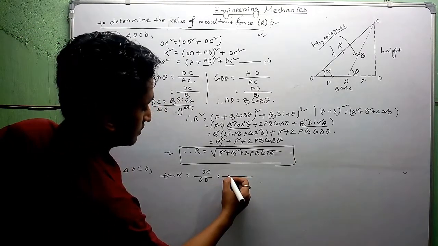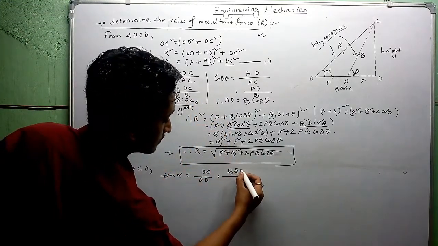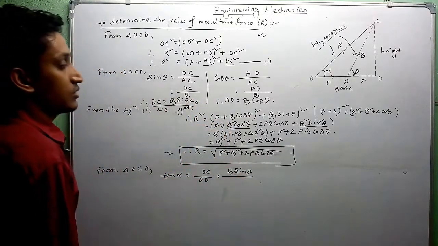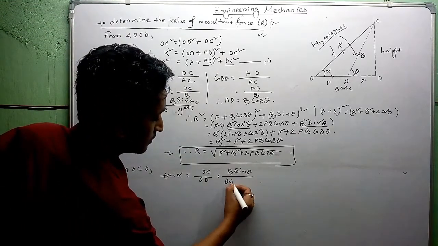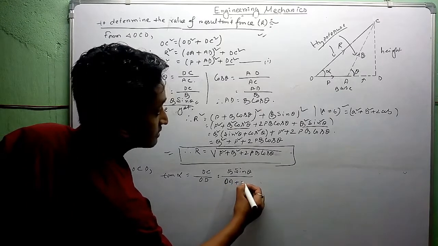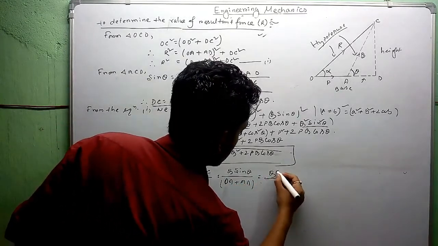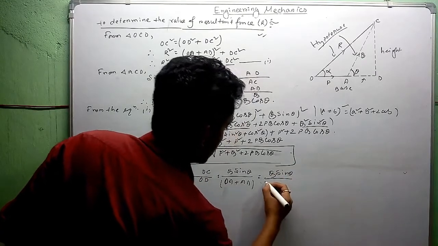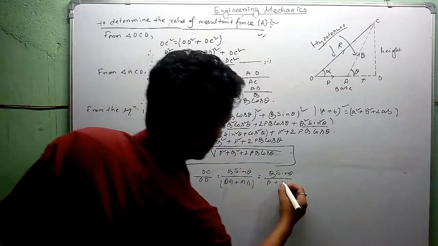Here is the value of DC. DC is Q sine theta, and what is the value of OD? So OD is OA plus AD, and then we can write this Q sine theta. OA means P and AD means Q cos theta.